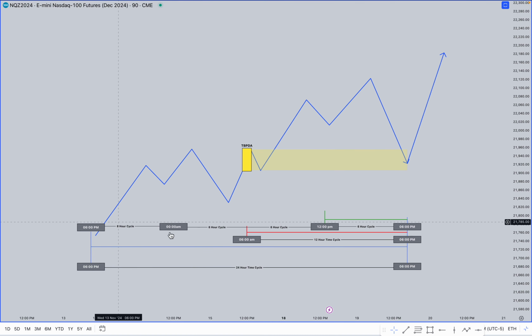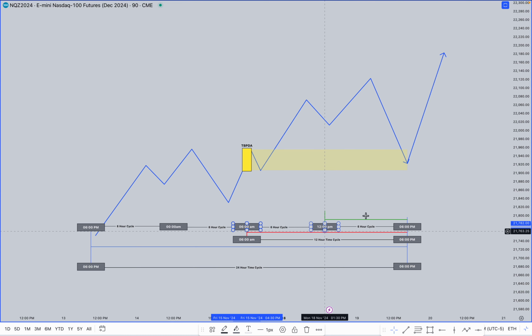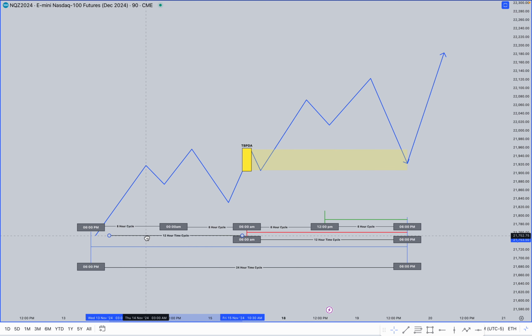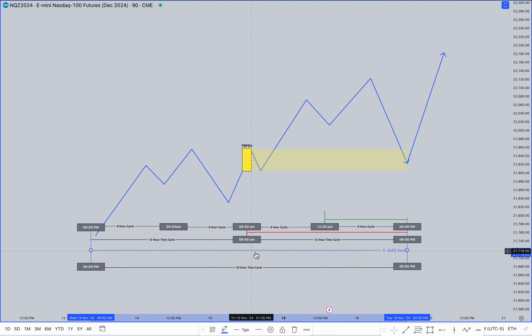So the distance from here to here is 6, from here to here is 6, from here to here is 6, from here to here is 6. So from here to here would be 12. This would be a full 24-hour range.